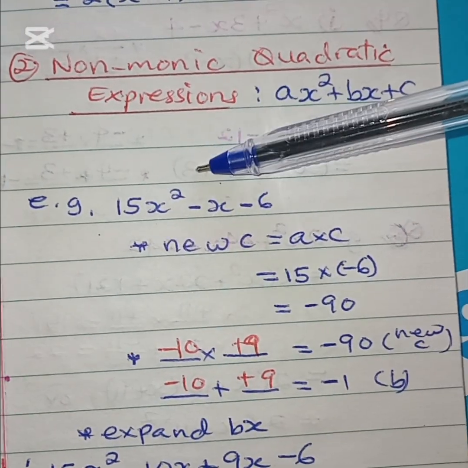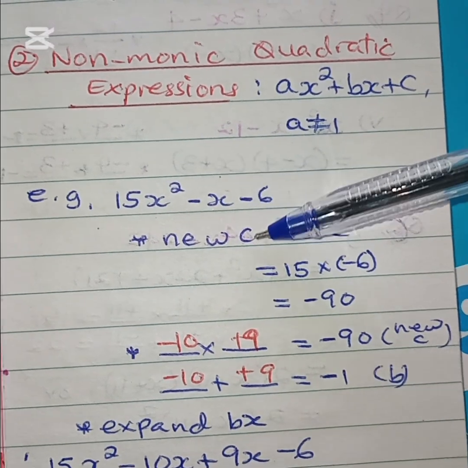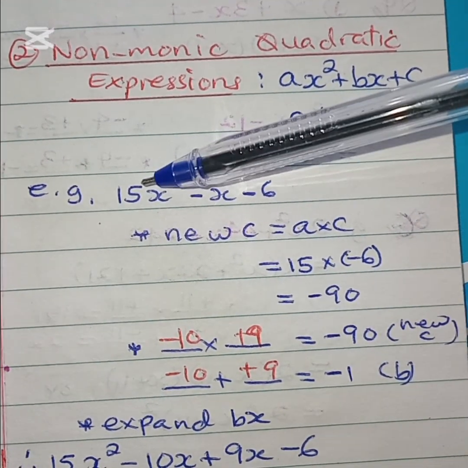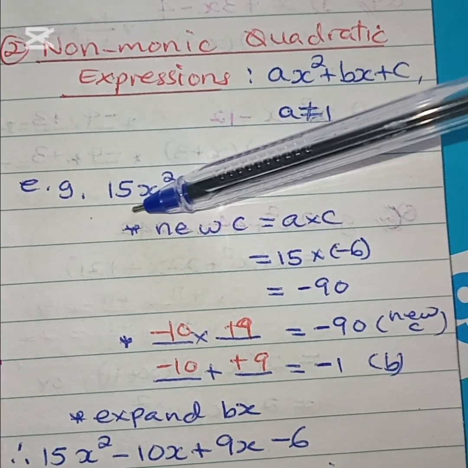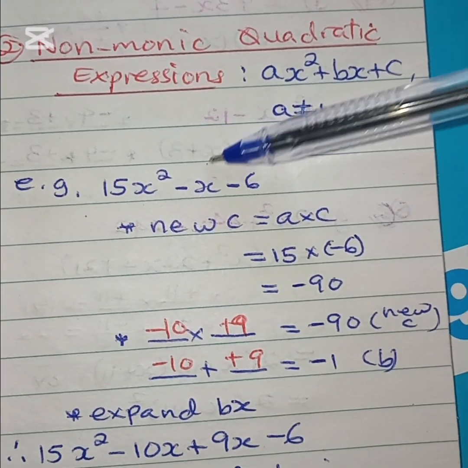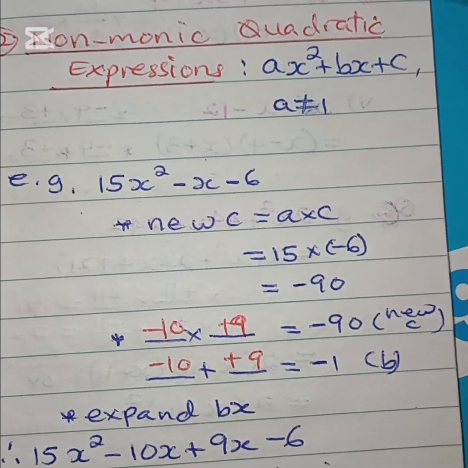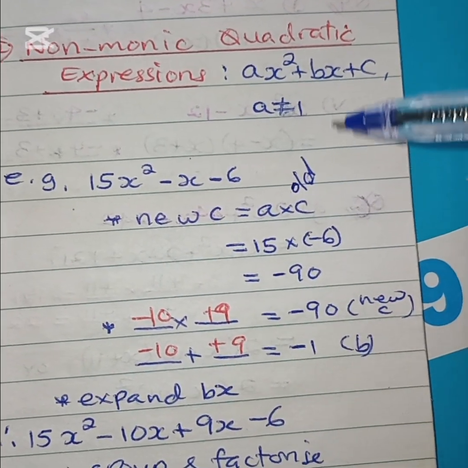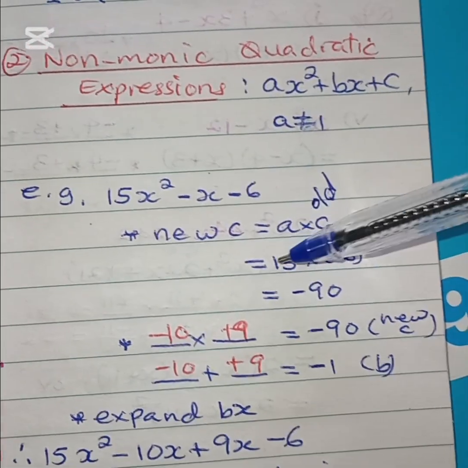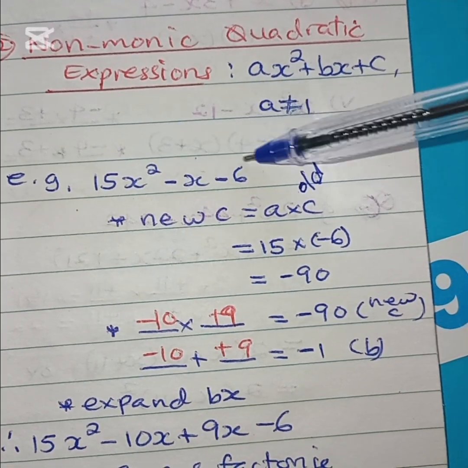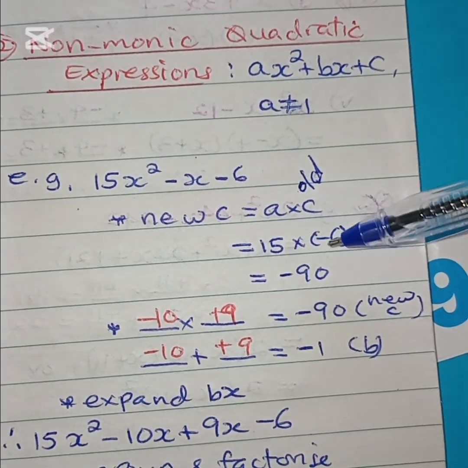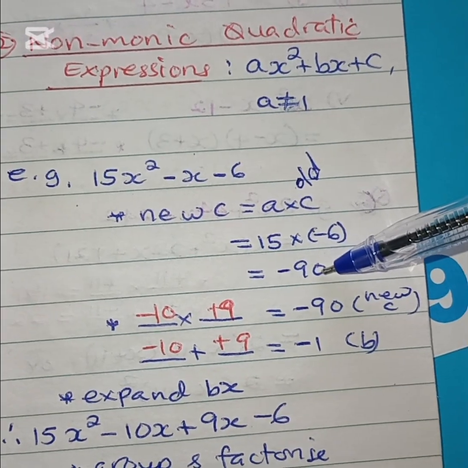So what we do is we find a new c value, which is done by multiplying the a value with the old c value. Our a is 15 and the old c is negative 6. 15 times negative 6 is negative 90.